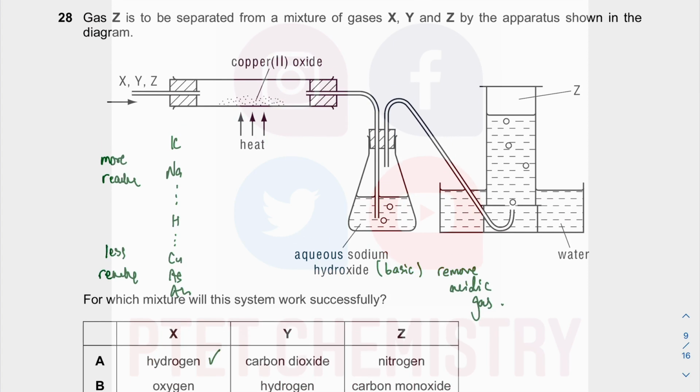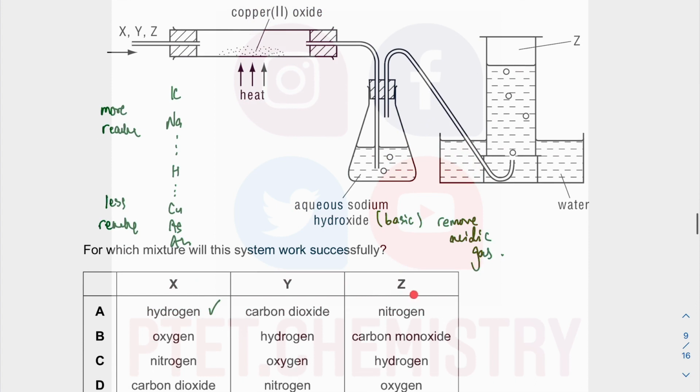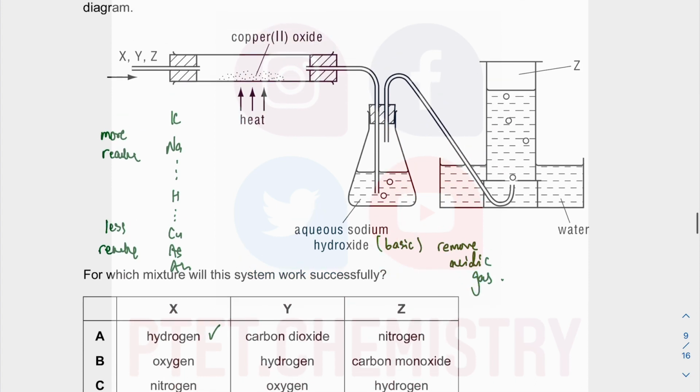You want to separate Z out. So Z must not react with CuO and also NaOH, because you want to collect Z. If Z is hydrogen, it won't work because hydrogen can reduce copper 2 to copper.